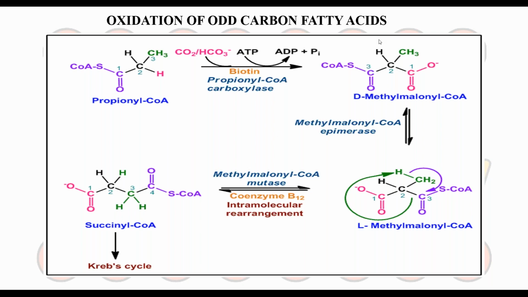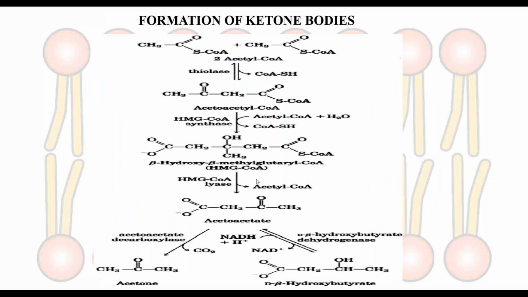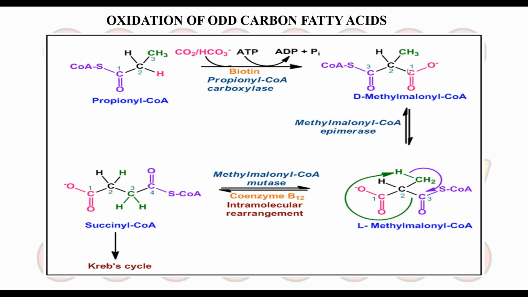Now this rearrangement from D-methylmalonyl to L-methylmalonyl is happening because this mutase enzyme, methylmalonyl CoA mutase, can act only on the L isomer of methylmalonyl CoA. It is not active on the D isomer of methylmalonyl CoA. So that is why the internal rearrangement of carbon atoms happens and it forms L-methylmalonyl CoA. And after this intramolecular rearrangement, methylmalonyl CoA mutase enzyme can act upon it and convert it to succinyl CoA.